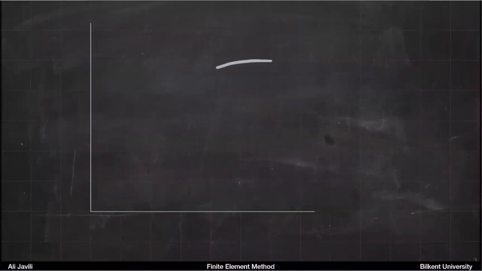Let's say this is the vertical axis, this is the horizontal axis. And imagine you have this analytical solution that is a quadratic function and is also going to be 0 at 0.